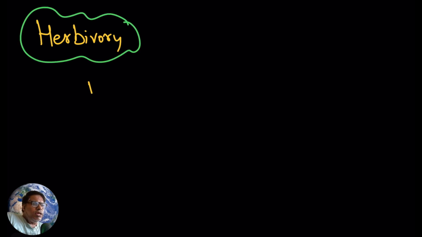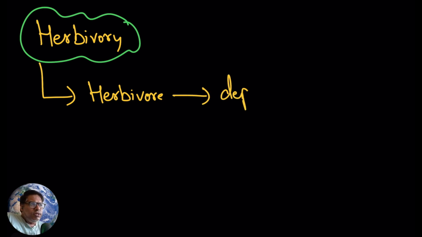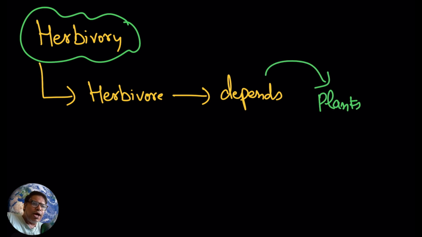Now try to see here first this term herbivory. Okay, in herbivory what happens? The herbivorous organism, the herbivore, generally these organisms depend directly on the plants for their food requirement.